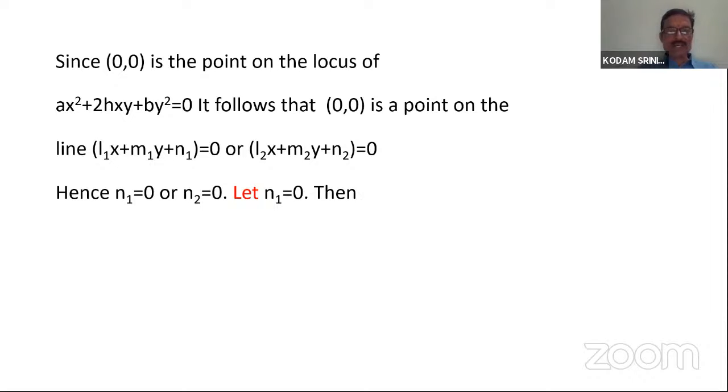If the origin lies on the first line, N1 may be equal to 0.